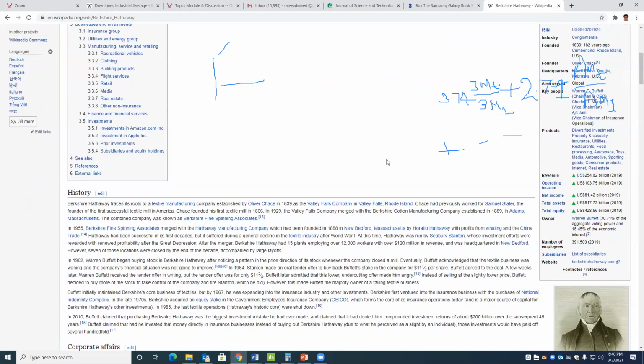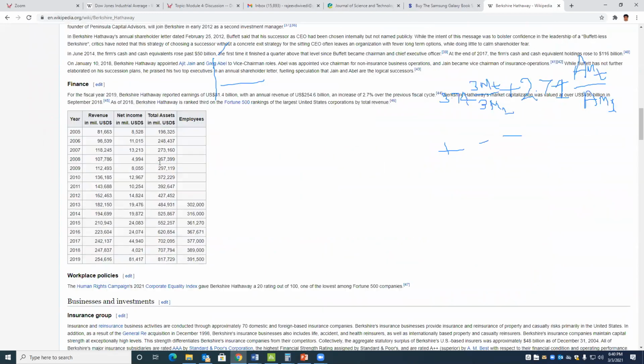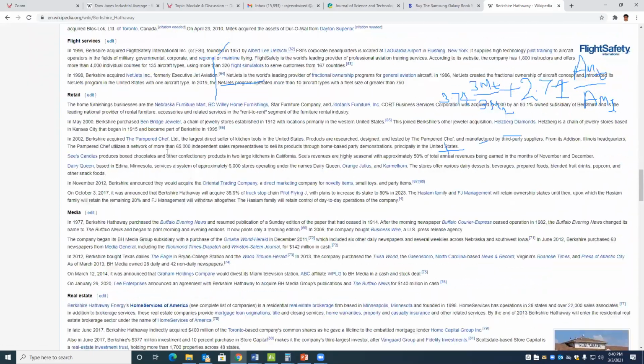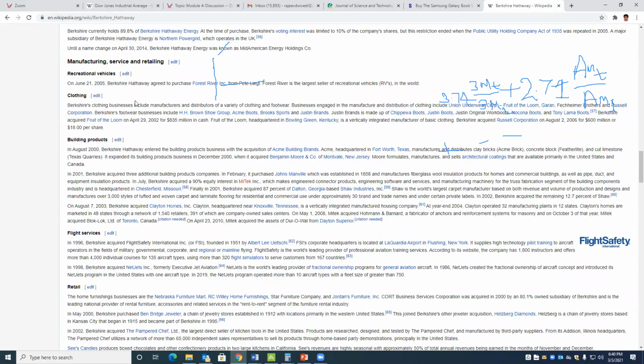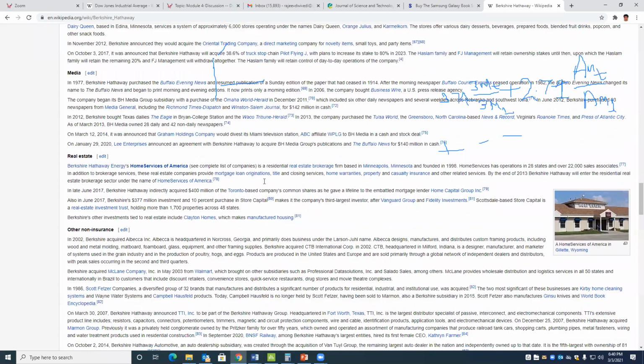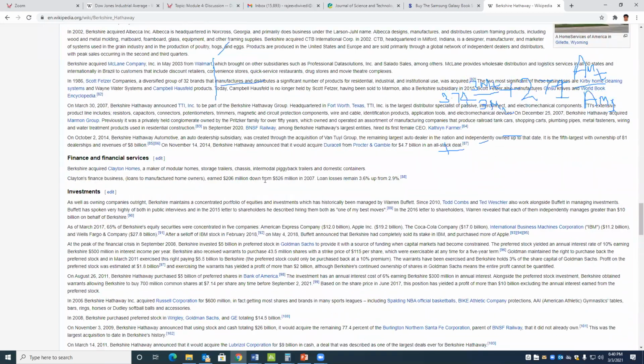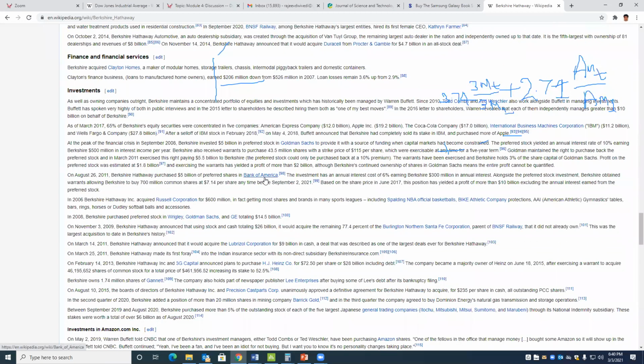Look into the railroad, the train and all things. BNSF's major stake is owned by him. American Express. Do I have the portfolio here? You can see all the manufacturing, services, railroad, everything from JP Morgan Chase to Bank of America to Amex.